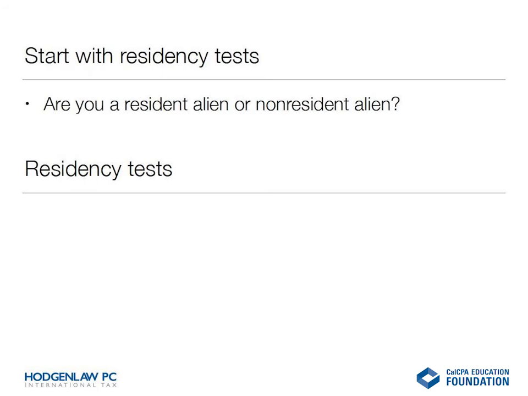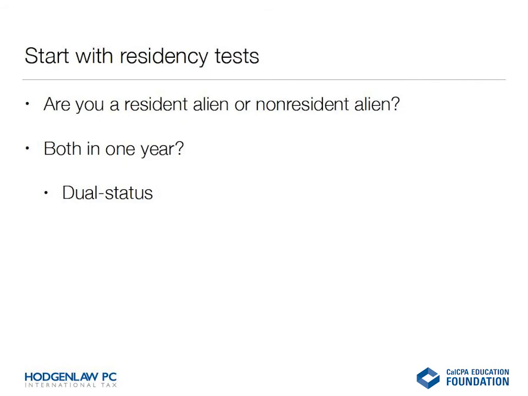So we're going to take a look at those for a few minutes. The residency tests are basically a way of knowing, are you a resident alien or a non-resident alien for U.S. tax purposes? If the answer happens to be both in one single year, then you end up with a dual status tax year.